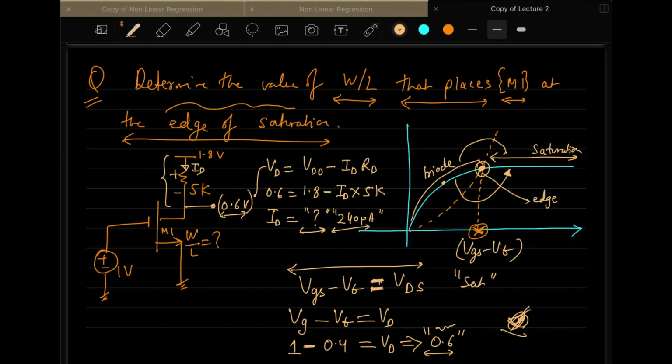So if your ID comes as 240 microamperes, then you can use the same equation which we did last time: mu Cox, W by L by 2, VGS minus VT whole squared, which is 1 minus 0.4 squared. You know this already. You can calculate W by L from here.